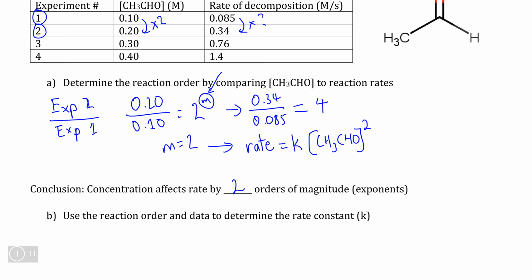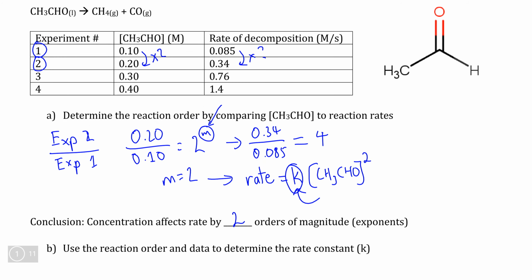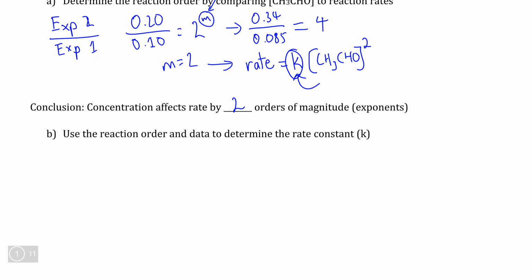Now, the final part in rate law is to actually calculate what K is to show what the effective temperature is independent of concentration, and we can do that simply by taking data from our data table and plugging it into this equation.